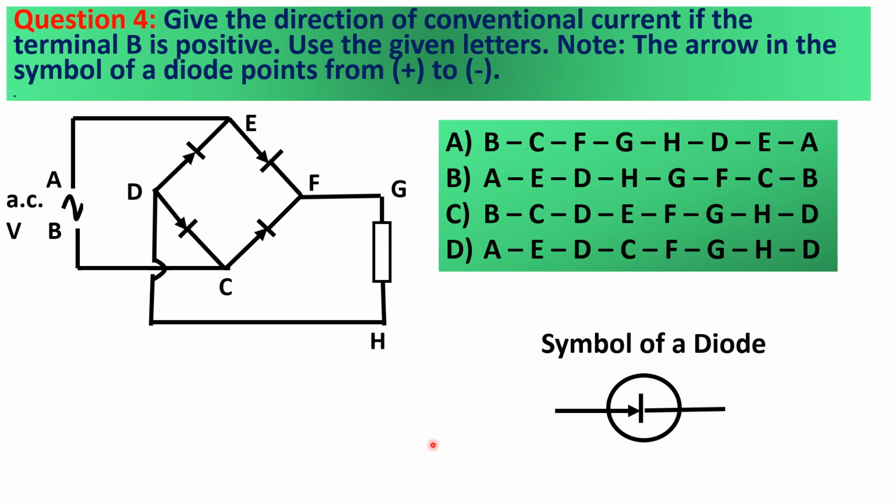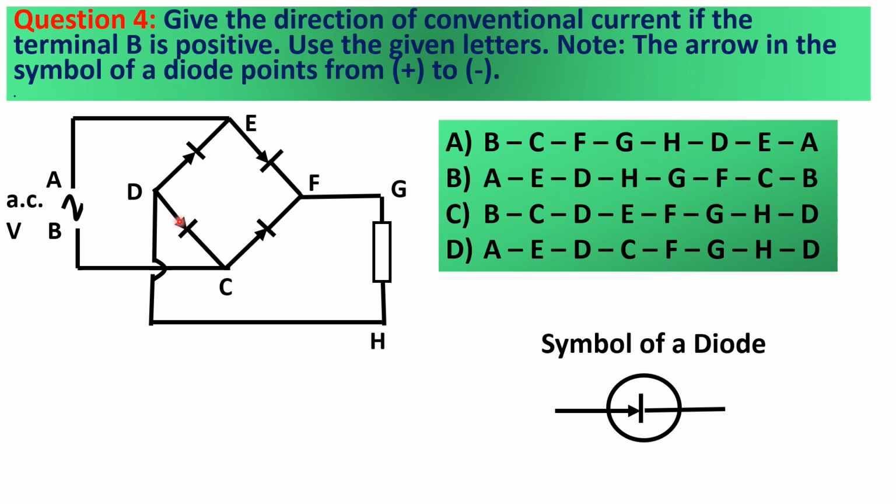All right. So let us try to trace the current. If B is positive, then it goes first passing through C. Take note that it will not go that way because it cannot pass through this diode.